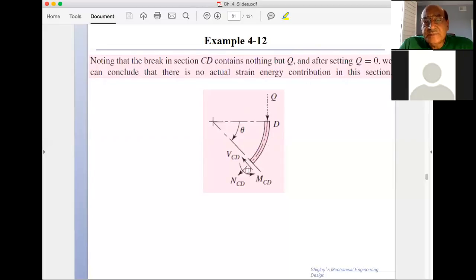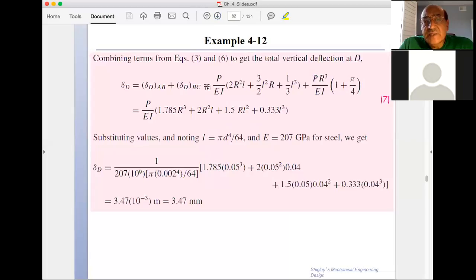So it turned out that in this section we have 0 contribution to the energy.